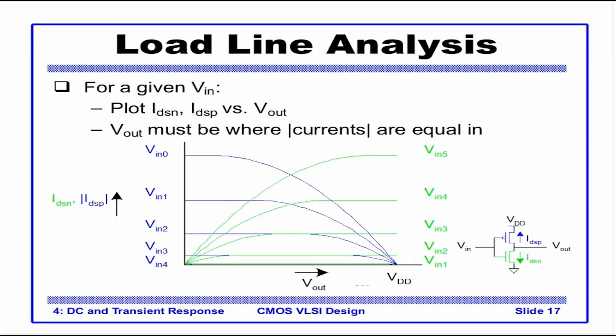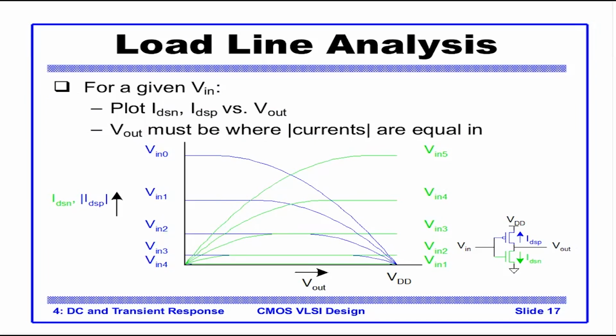Now V out must be where the currents are equal, because whatever is being drawn from VDD again has to go into ground. So the currents are equal, it satisfies KCL. So the output voltage V out can be calculated from this graph at the point where the currents are equal.